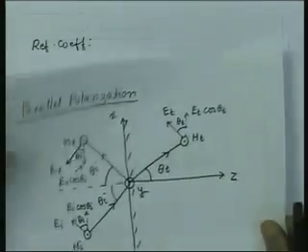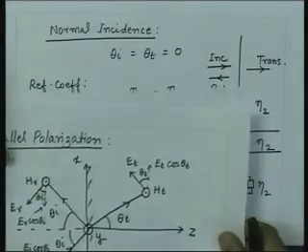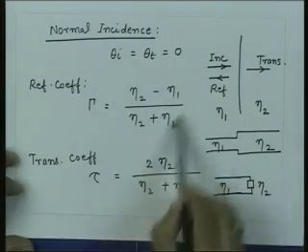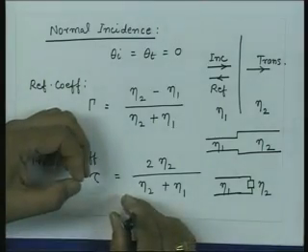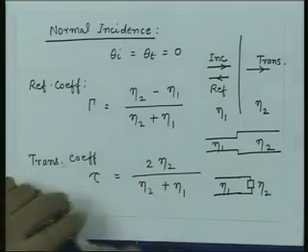What that then means is that when you are having a normal incidence, the reflection coefficient in general can be written like that, with the assumption that the initial electric fields are oriented in the same direction. So if eta 1 is greater than eta 2, you will have a phase reversal in the reflected field compared to the incident field, and if eta 2 is greater than eta 1, then there will not be any phase reversal of the reflected wave when the wave is incident on a dielectric boundary.